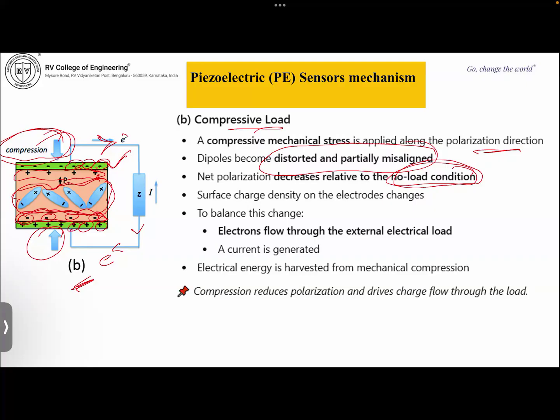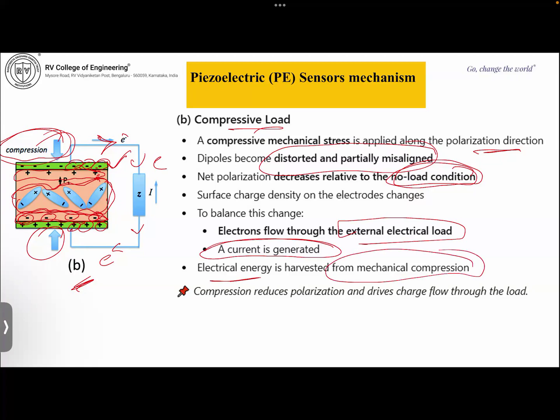Electrons flow through the external electrical load, and as a result, the current is generated. So this electrical energy is harvested from mechanical compression. The compression reduces the polarization and drives charge flow through the load. So this is when the load is applied.